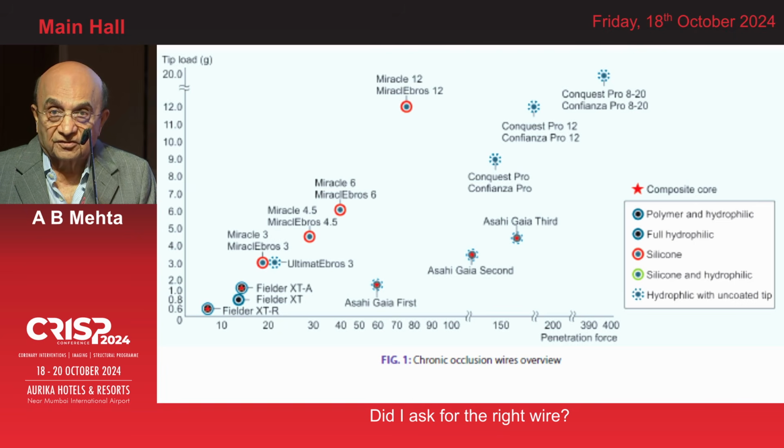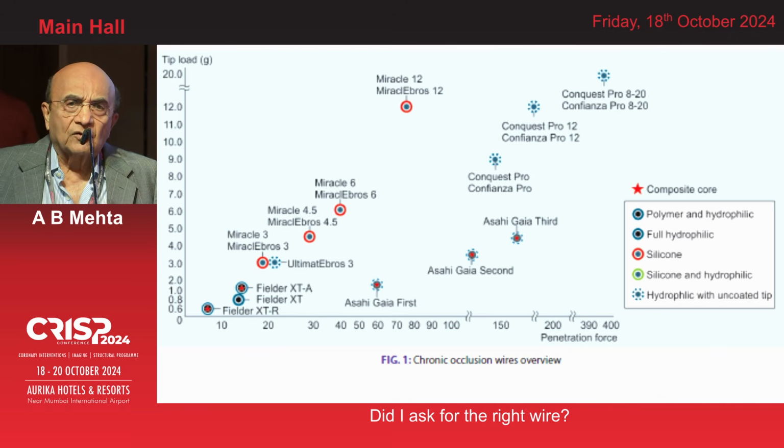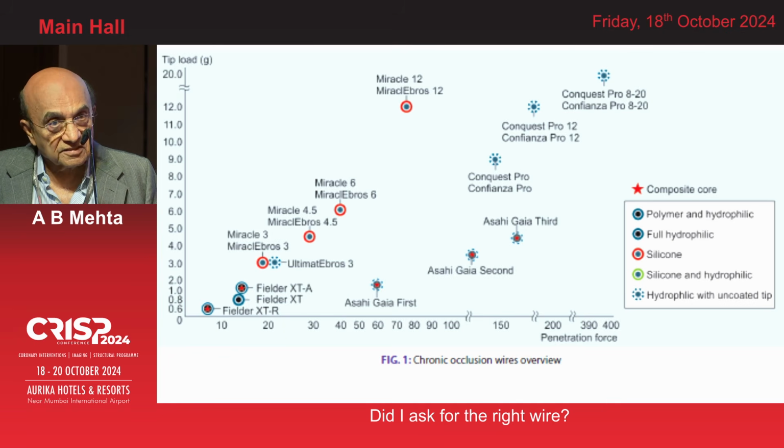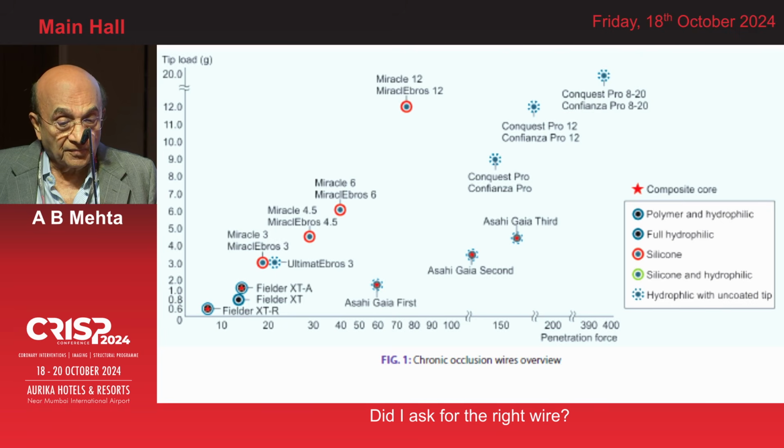Without microcatheter, wire should never be used in CTO. It's simple. If you take a dedicated strong wire right in the beginning, the proximal segment may be injured, dissected, and you will call it a day. So it should never be done. Should we be keeping as many wires as I have shown in this particular slide? My answer is yes, because there are special situations where special wires are needed.